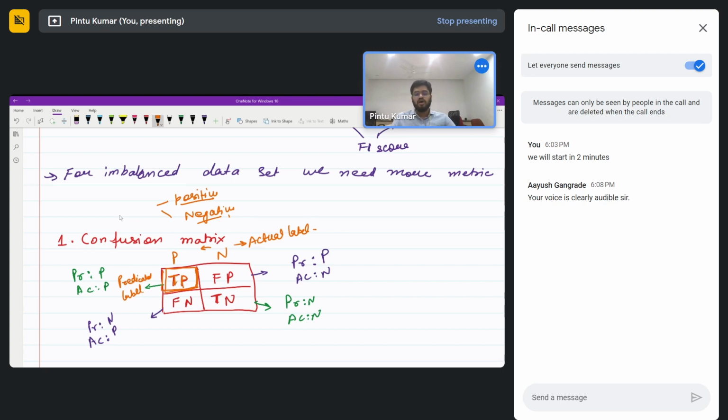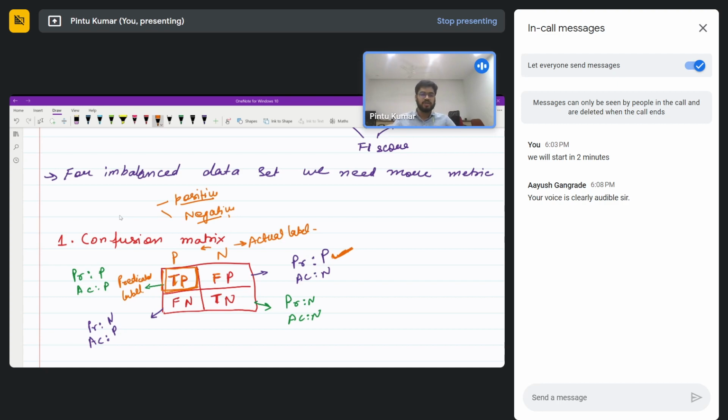Similarly, false positive means that you predicted it to be positive. So your model is falsely predicting it to be positive; you predicted it to be positive, but actually it was negative.